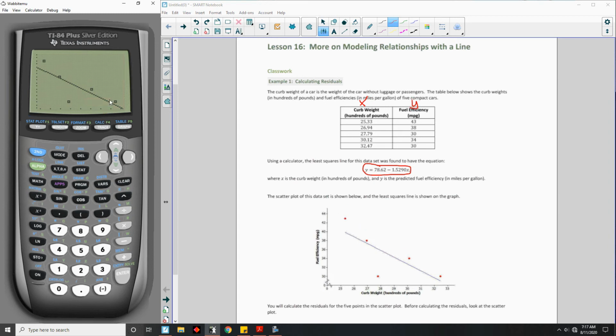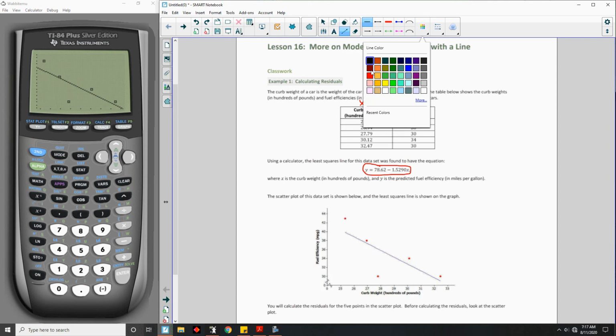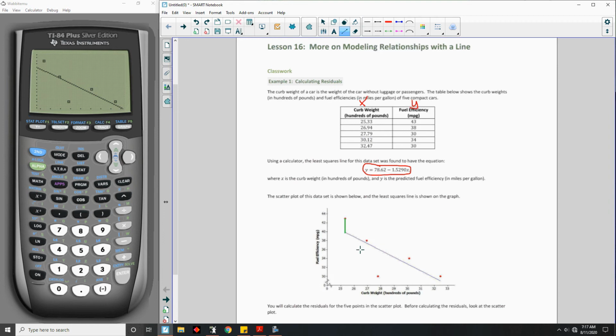So I'm going to work with my calculator from now on instead of this. So what they're asking us to do is to find the residuals. And what the residuals are from the last lesson is the difference between the predicted and the actual. So the dots are our actual, and the point that they would locate on that line are our predicted.